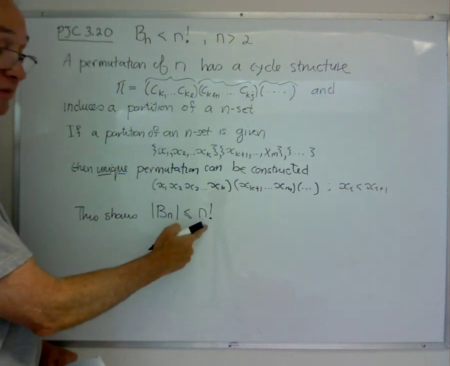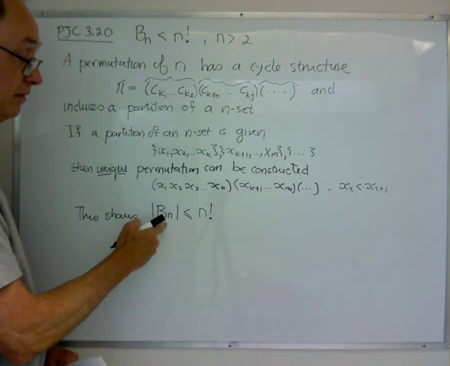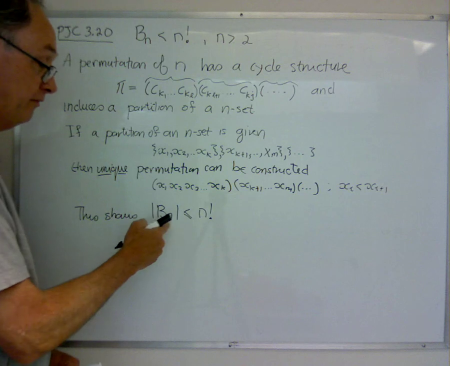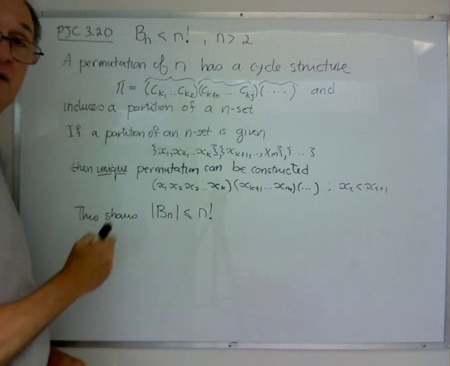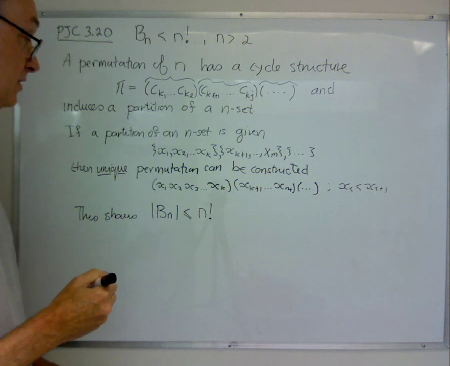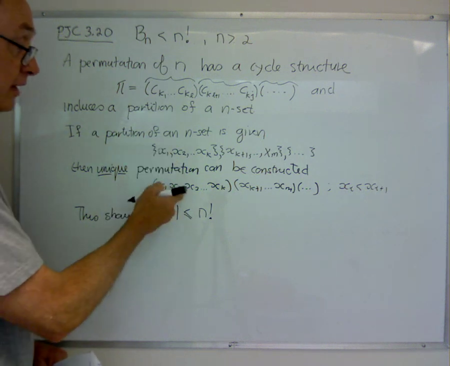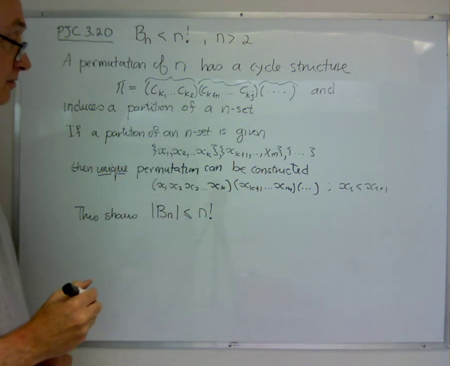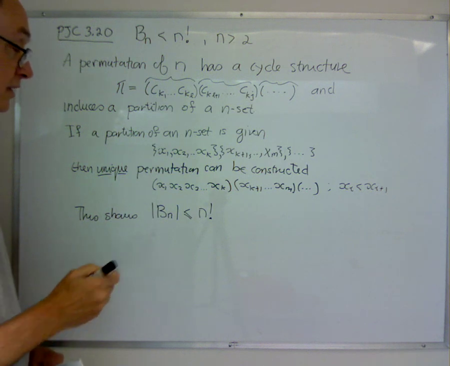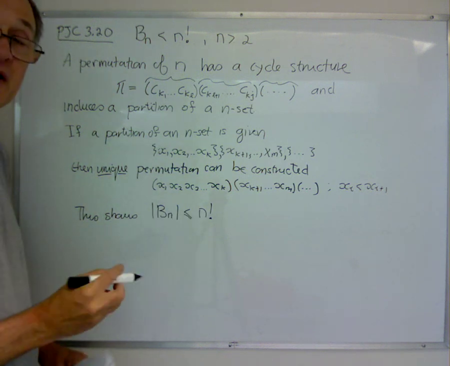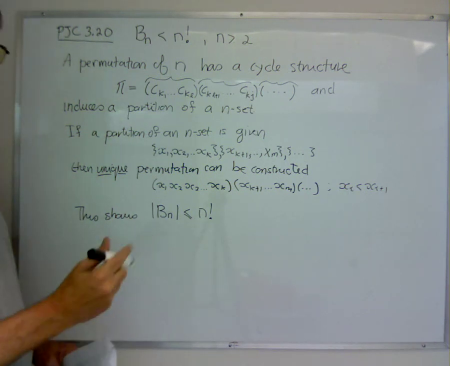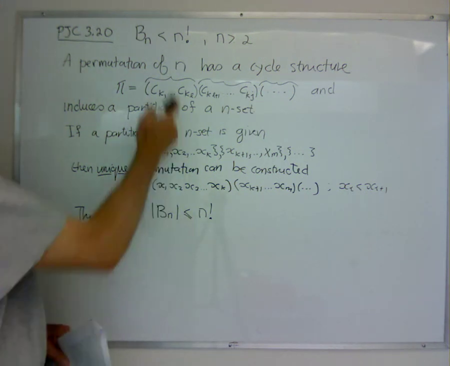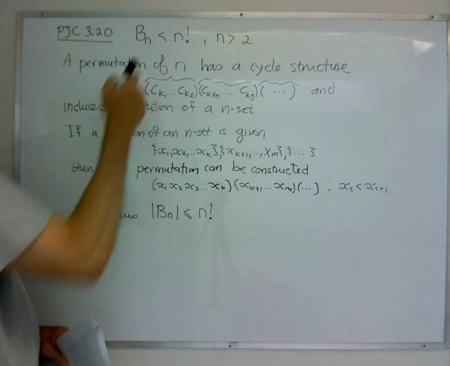This is the number of permutations, this is the number of partitionings. Every partition gets mapped to a unique permutation by this ordering and turning the parts into cycles, but you can't find all permutations that way. Now, we're not done, because this is less than or equal to, but the question here is strictly less than.